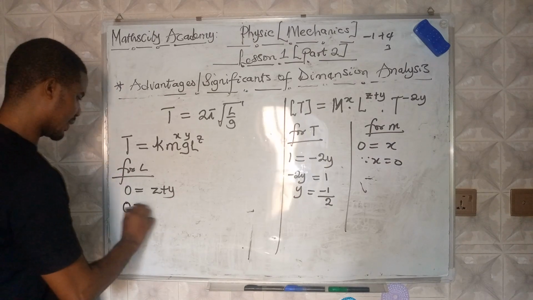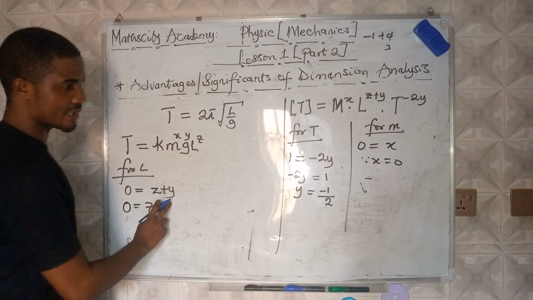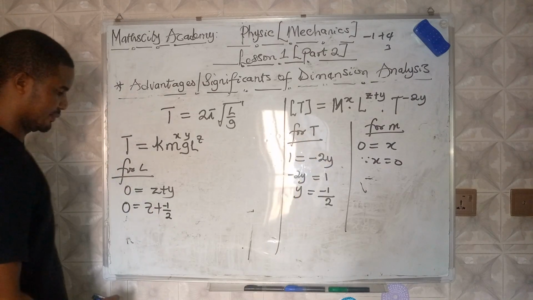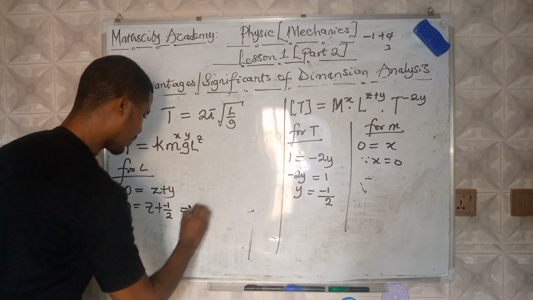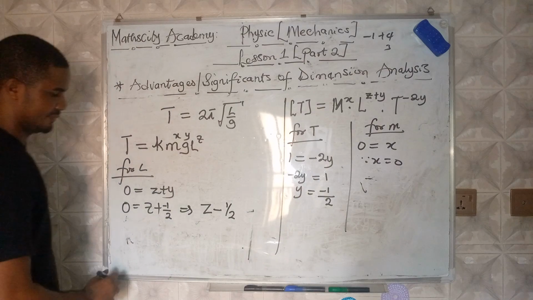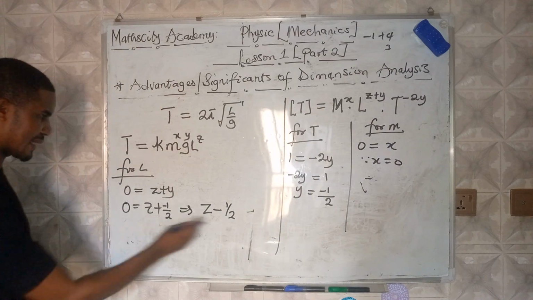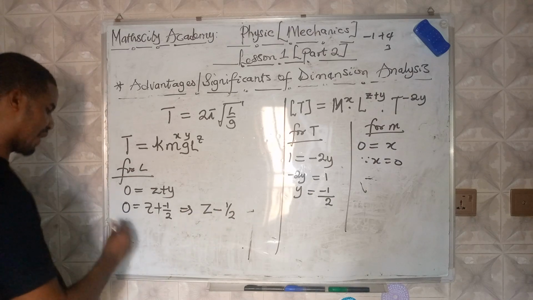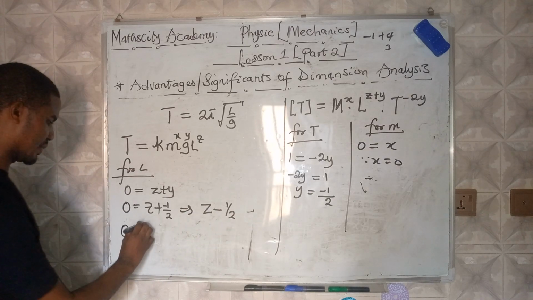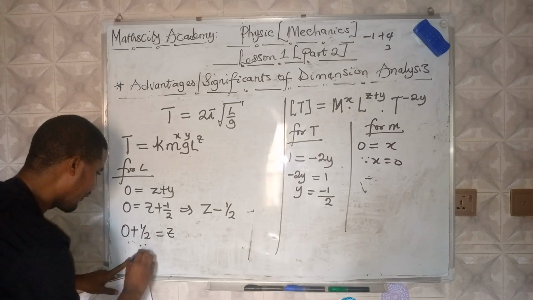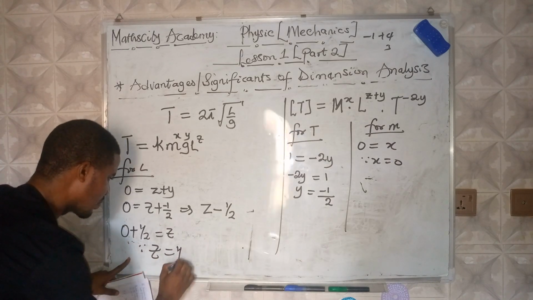So I have 0 equals z plus, what is my y? Minus half, which makes this z minus half. So 0 equals z minus half. Carry this half over to the other side, so I have 0 plus half equals z. Therefore, z equals half.